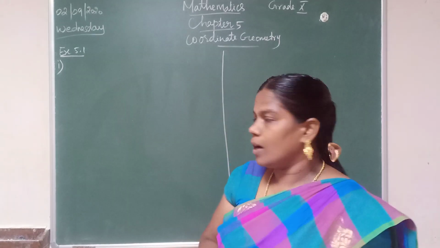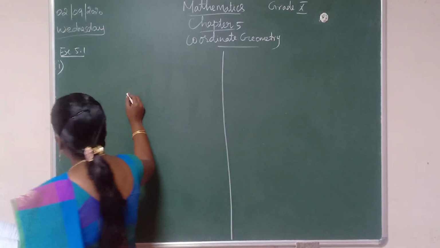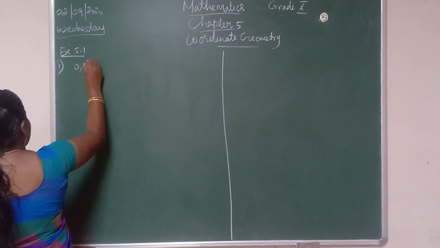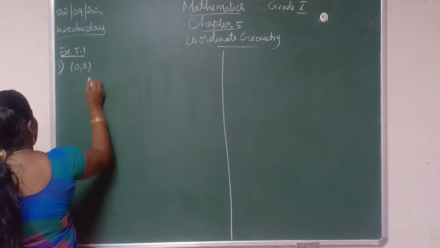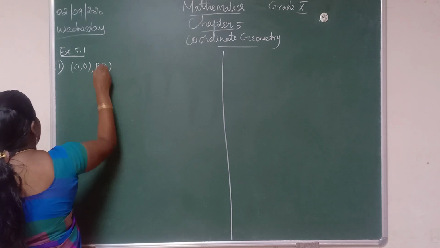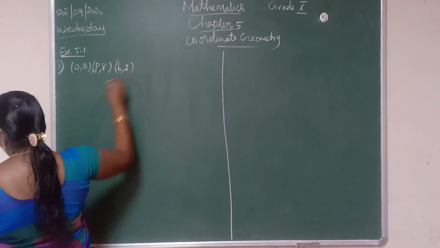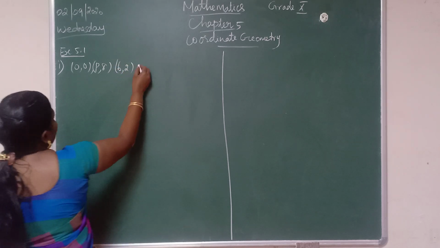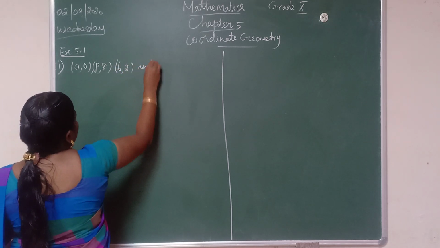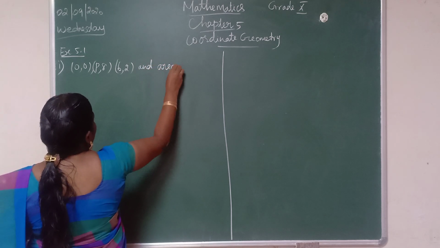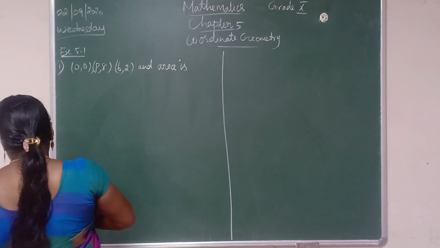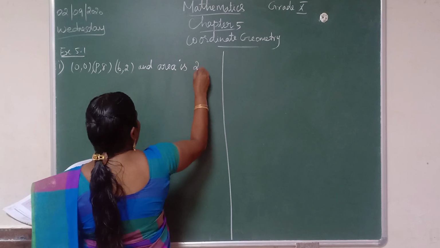The vertices are (0, 0), (0, P), (8, 6), (2)... and the area is 20.